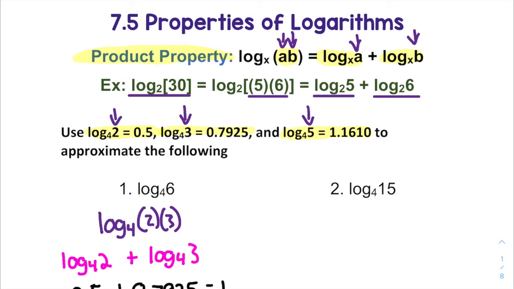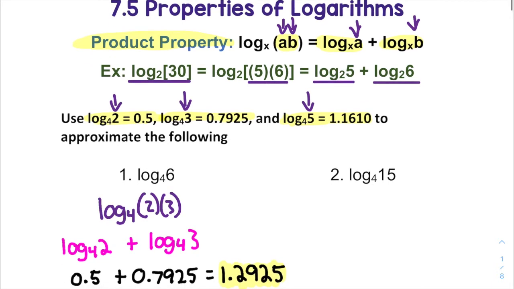Adding these two together, we get 1.2925, and we are going to always round to the fourth decimal place if possible, because the more places you round to, the more accurate our decimal is going to become.